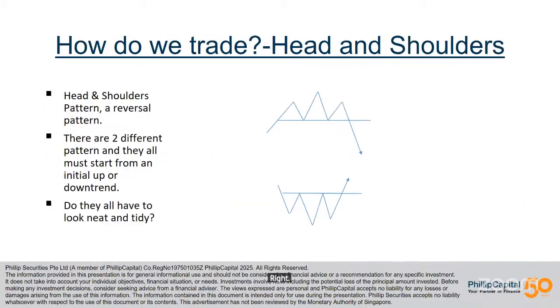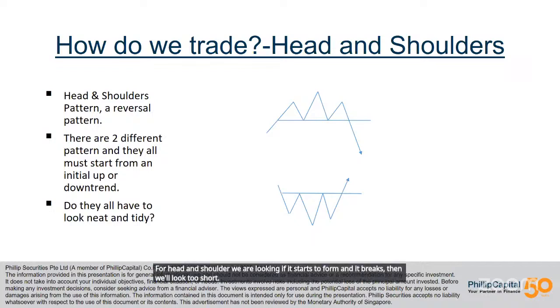So, head and shoulders. As you can see, this outline that I've drawn is basically a perfect head and shoulders. But most of the time the markets don't have that as often. The head and shoulders pattern or the inverse head and shoulders are basically your reversal patterns. There are two different types. When I say reversal, it means that if it's an uptrend and a head and shoulders starts to form and it breaks, then we'll look to short.